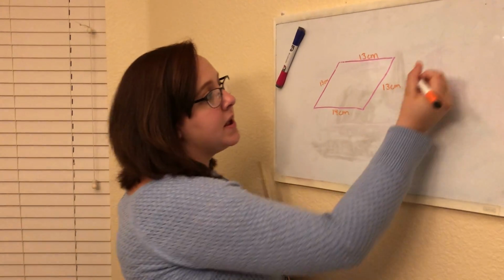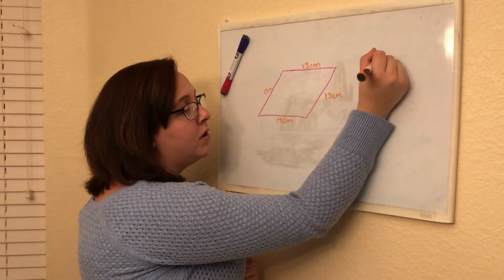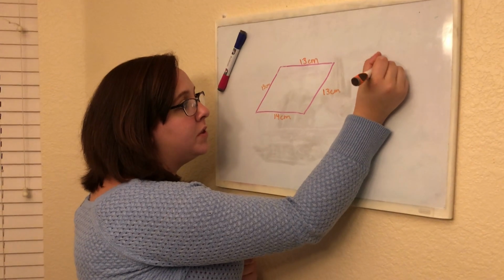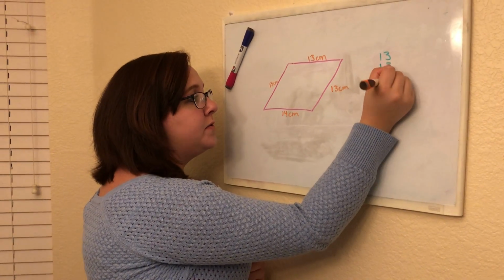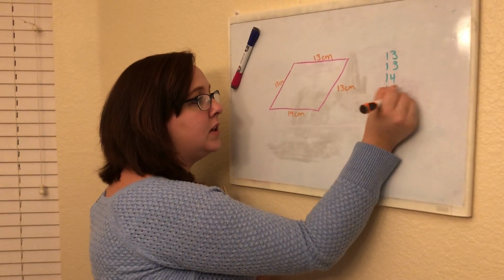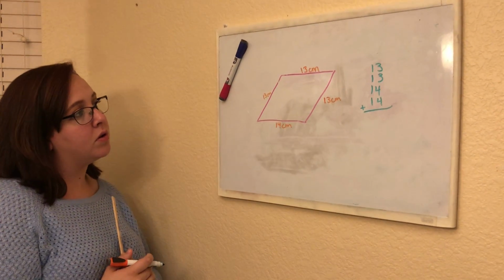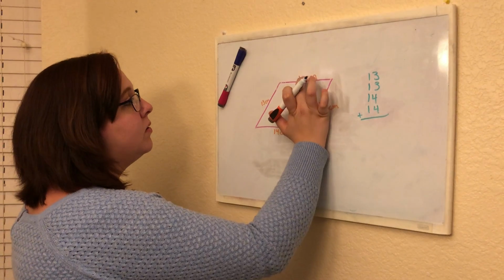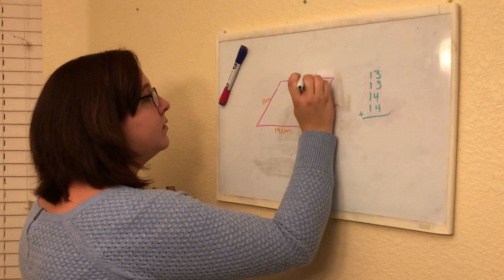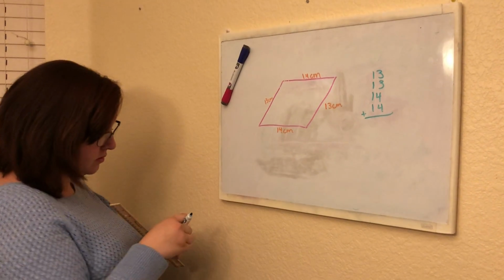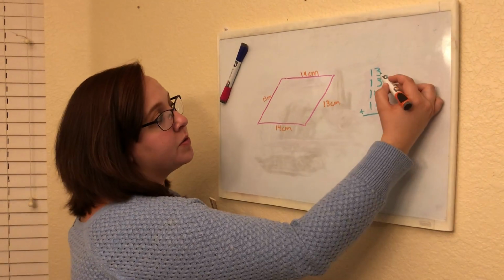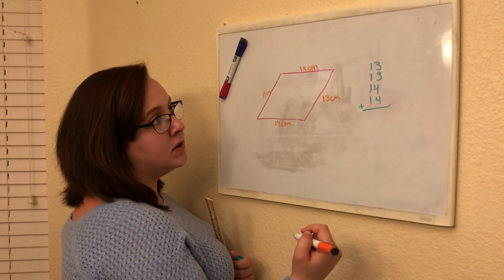Okay, so how do we find the perimeter? We add them together. So 13 plus 13 plus 14 plus 14. But Miss Kasidee, you wrote a 13 on the top. Oh, thank you. That's supposed to be a 14. Okay. So 3 plus 3 is? 6.